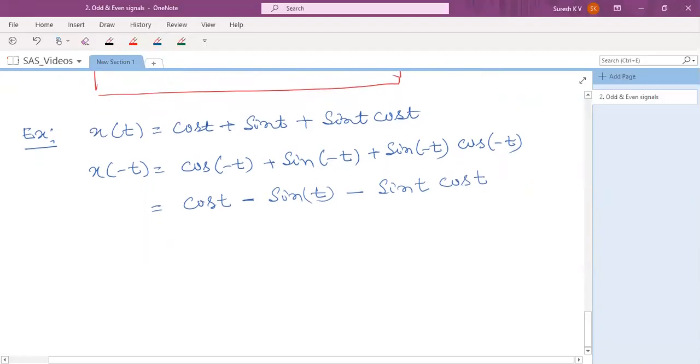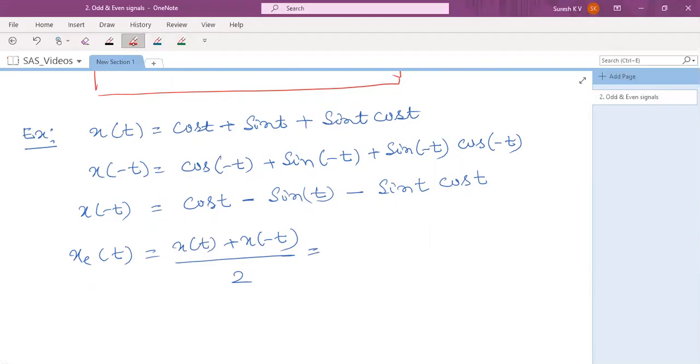So now I can use the equation for finding the even part of the signal. I need to add x of t with x of minus t divided by 2. So we just add x of t with x of minus t.